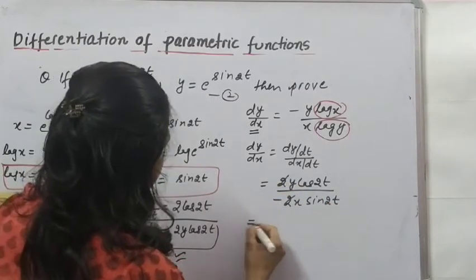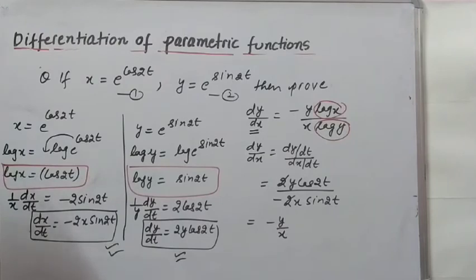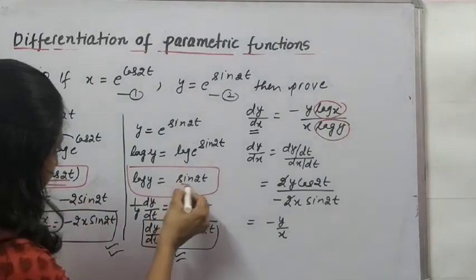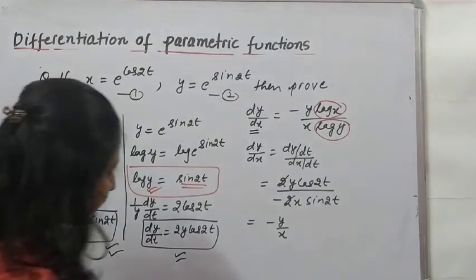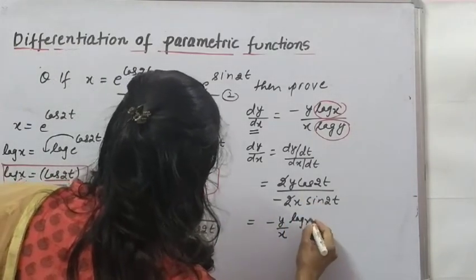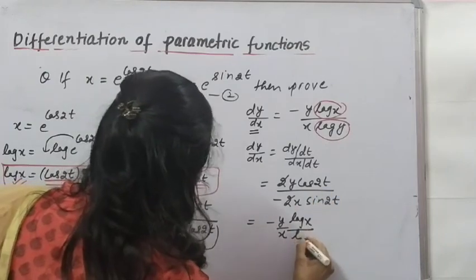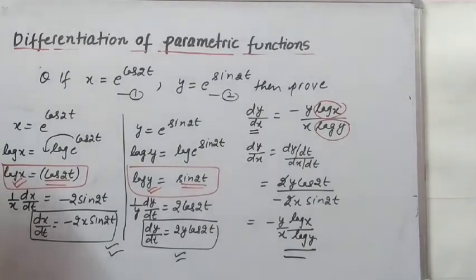It will be cancelled, minus y upon x. And students, you can see the values from here. Cos 2t is equal to log x and sin 2t is equal to log y. So I can write here log x in place of cos 2t and log y in place of sin 2t. Right students?